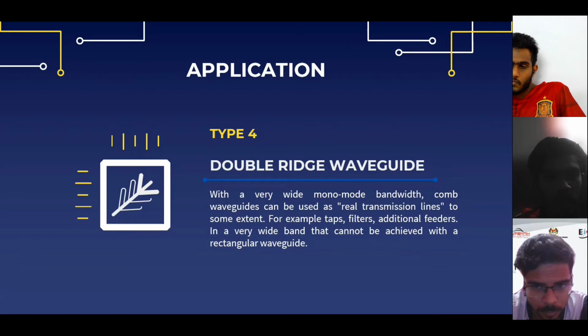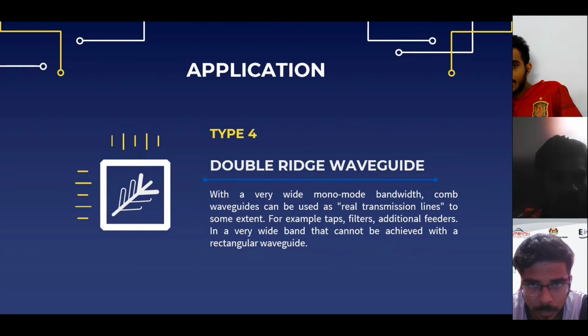With a very wide monomode bandwidth, ridge waveguide can be used as a real transmission line to some extent, for example taps, filters, and additional feeders in a very wide band that cannot be achieved with a rectangular waveguide. So it's a bit big and therefore needs more space to use it.